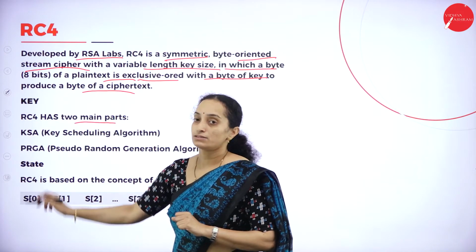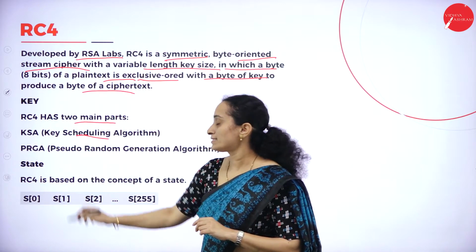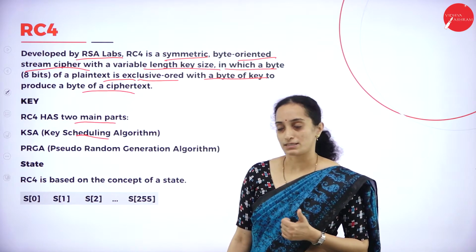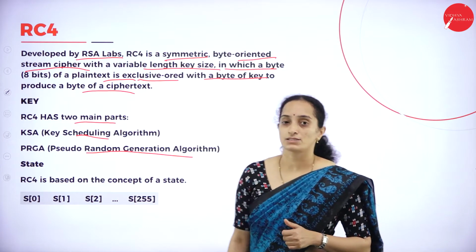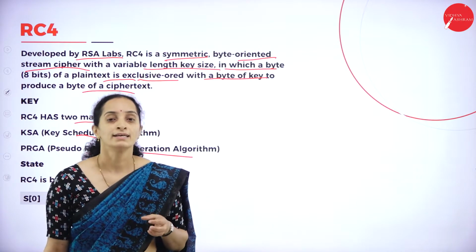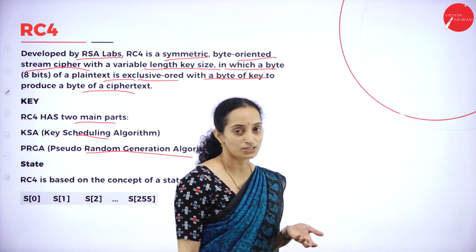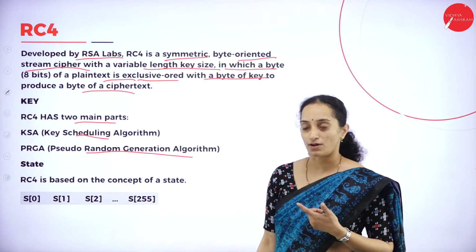Example, so the RC4 has 2 parts. One is the key scheduling algorithm, called the KSA, and the pseudo-random generation algorithm, to fool the adversary or the attacker that the key is randomly generated.